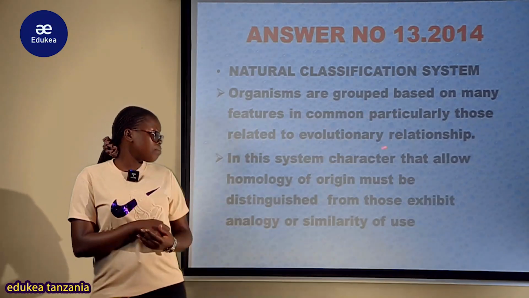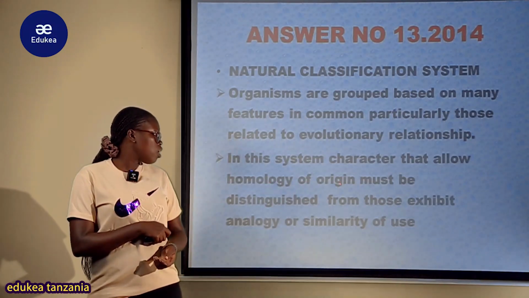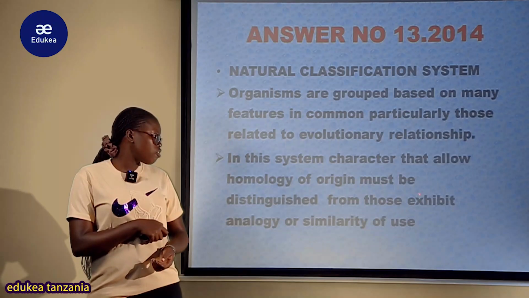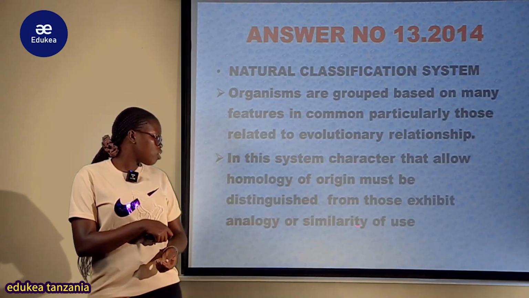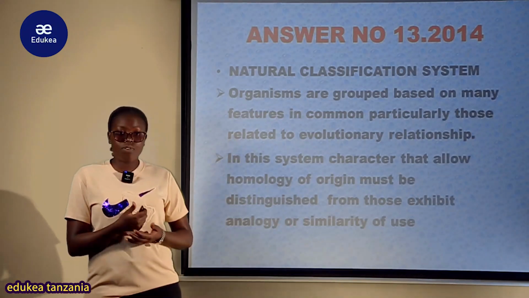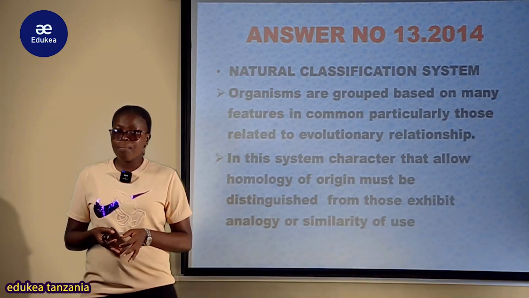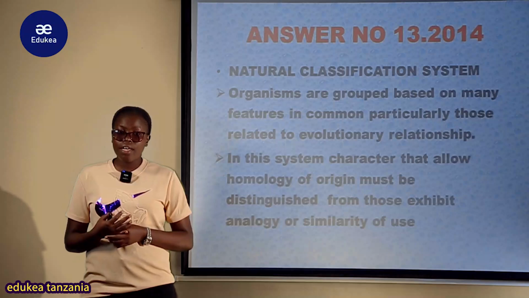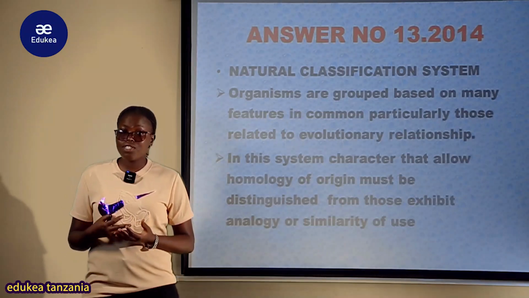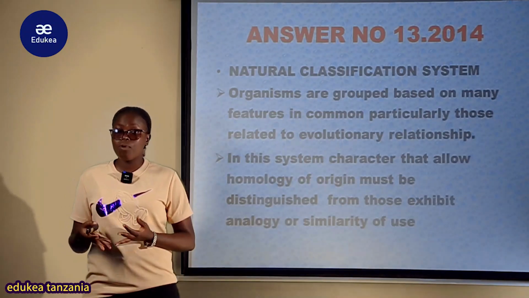So in this system, characters that show homology of origin must be distinguished from those that exhibit analogy or similarity of use. Kwa katika this system of classification tunaangalia homology pamoja na analogy. Homology, these are the structures which have the same origin.